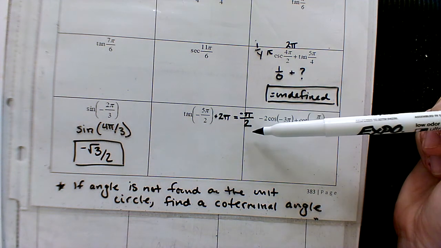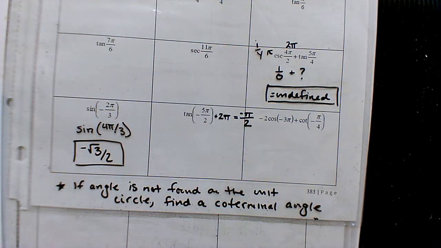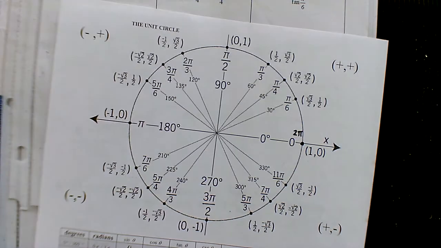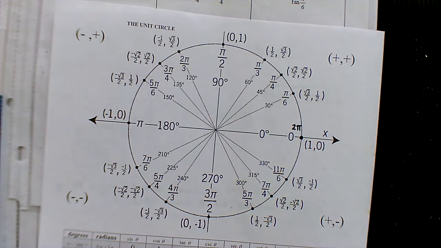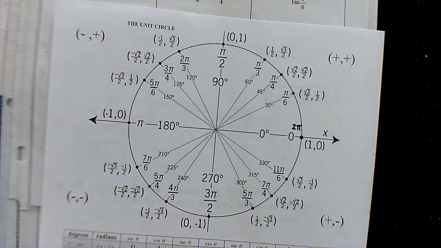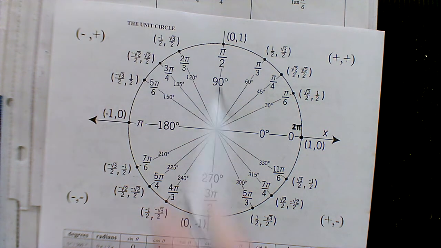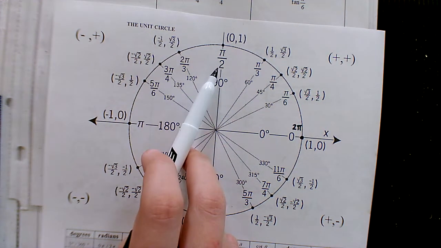Is pi over 2 on the unit circle? Where's pi over 2 located? Can we find it? Seems to be at the very top, right?